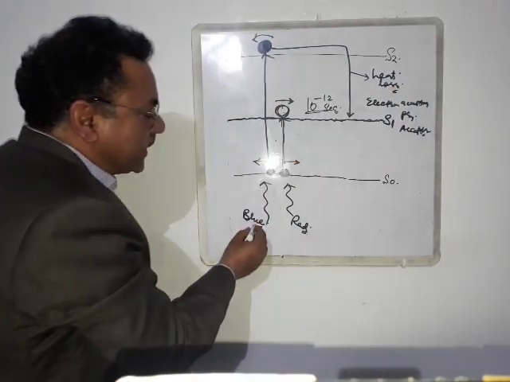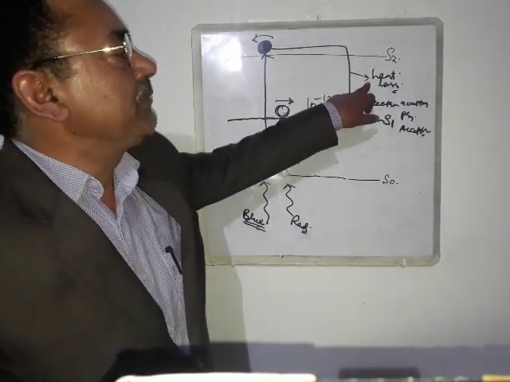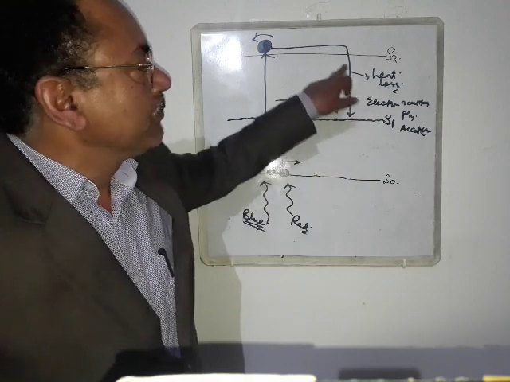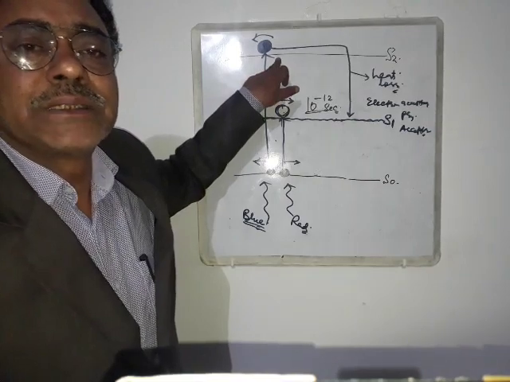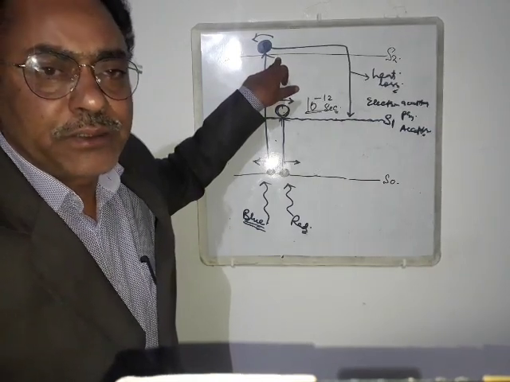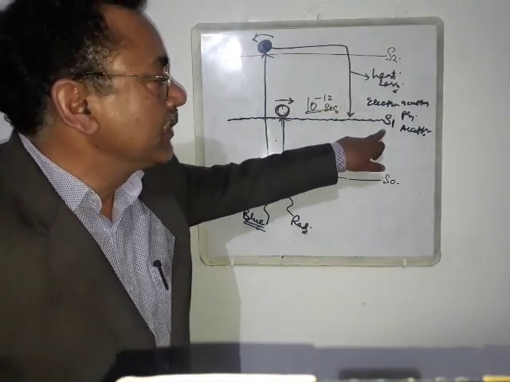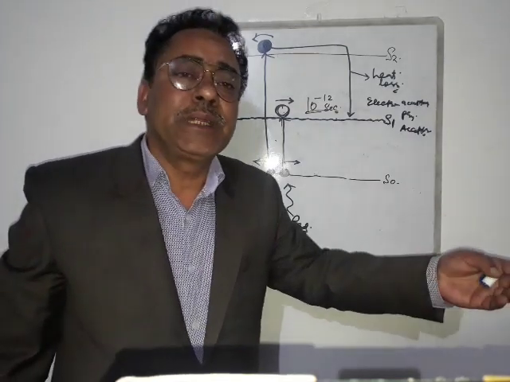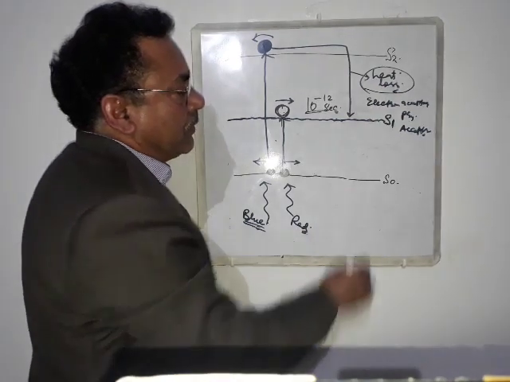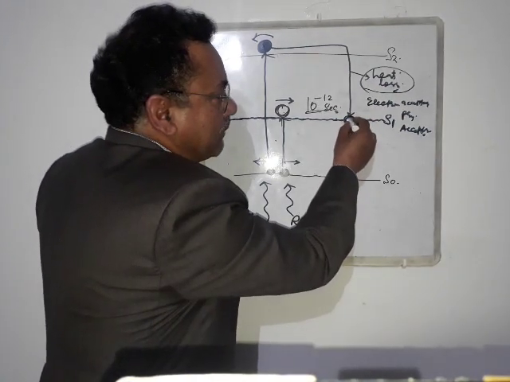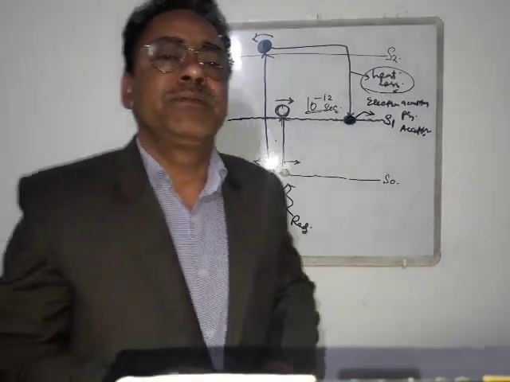So the extra energy that was contained in a blue photon was here wasted because at S2 state the electron was not accepted by any primary electron acceptor. It has to necessarily create S1 in order to be accepted by the electron acceptor. So heat loss occurred. And when it is able to create S1, only then it can be in a position to participate in the process of photosynthesis.